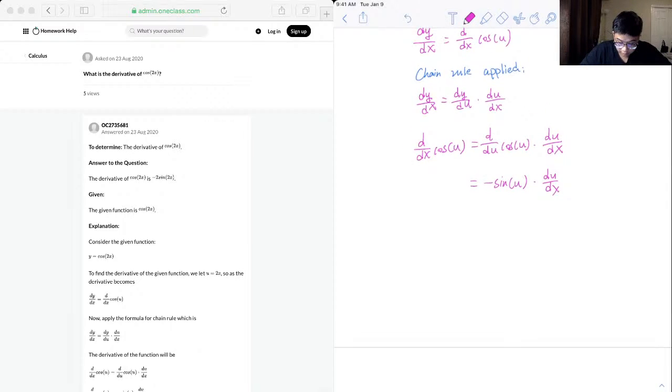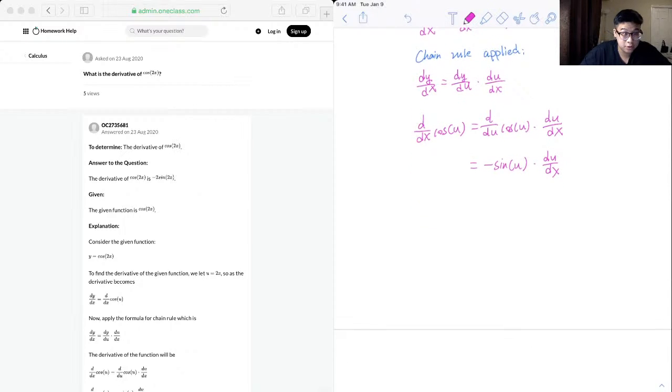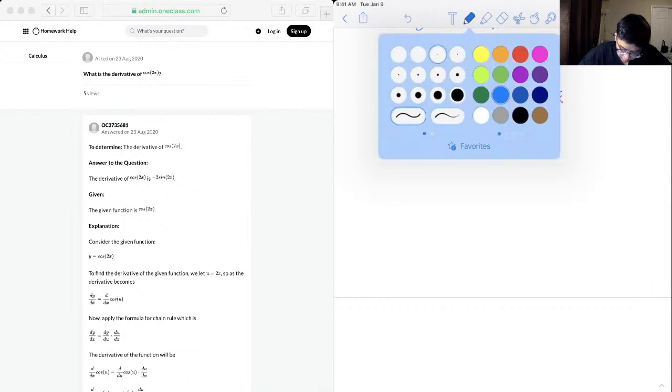So now, since we substituted 2x by u, we need to substitute back.